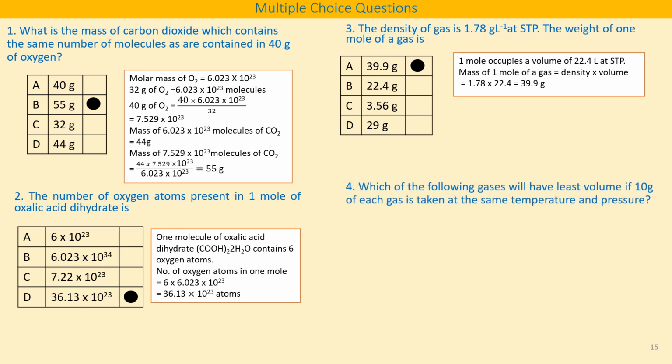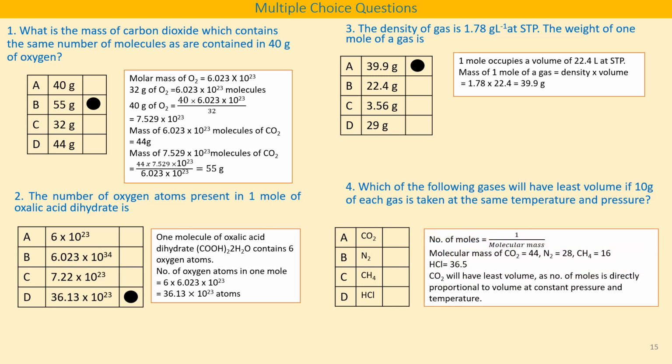Next question. Which of the following gases will have least volume if 10 grams of each gas is taken at the same temperature and pressure? You are given 4 choices. Please read it and let us analyze it. Number of moles equals 10 over molecular mass.